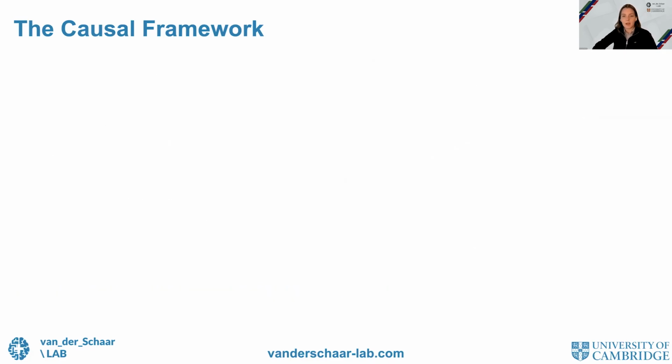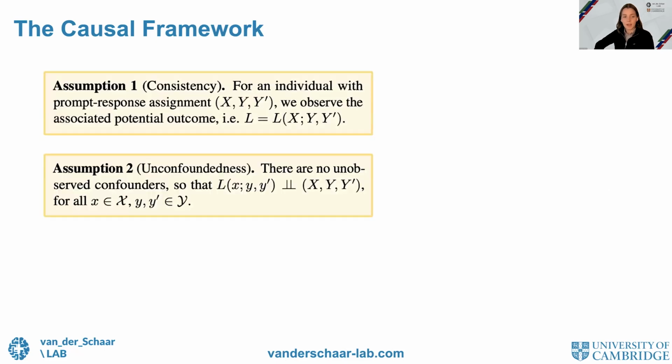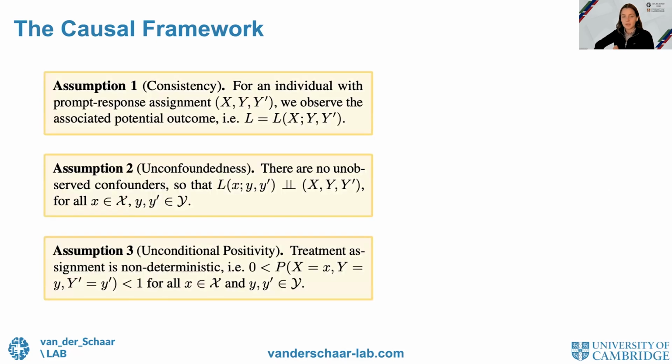In our paper, we adapt the standard causal assumptions to the preference learning setup, and we introduced the following three assumptions: consistency, unconfoundedness, and unconditional positivity. The assumption of consistency says that if we observe a given treatment, then the observed outcome is equal to the potential outcome under that treatment.